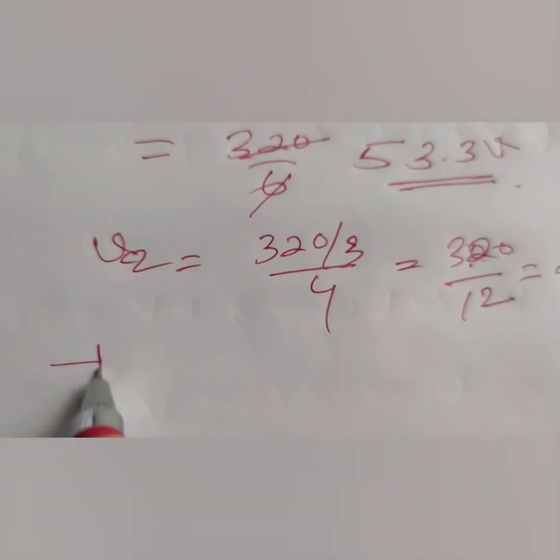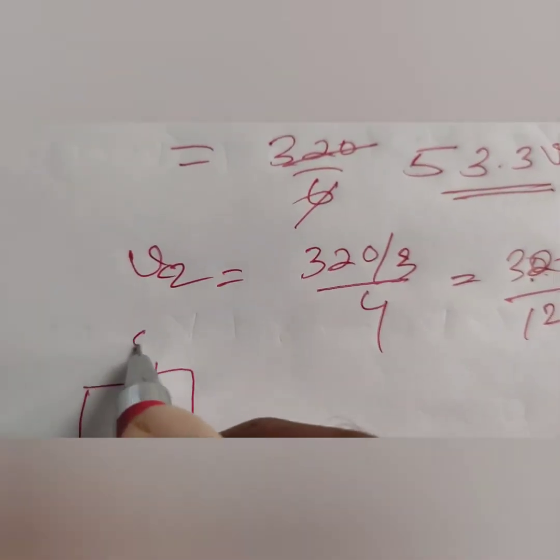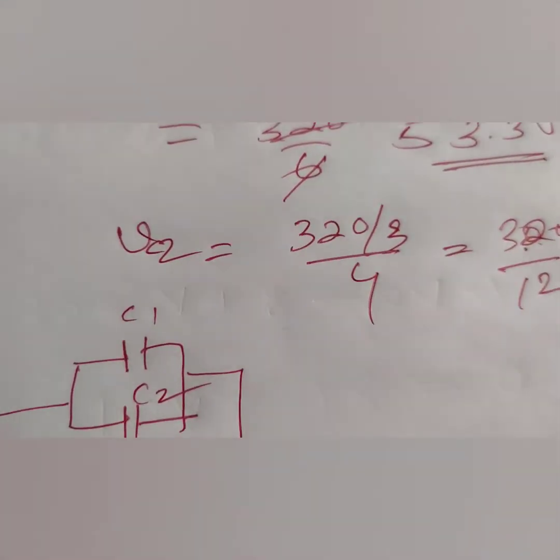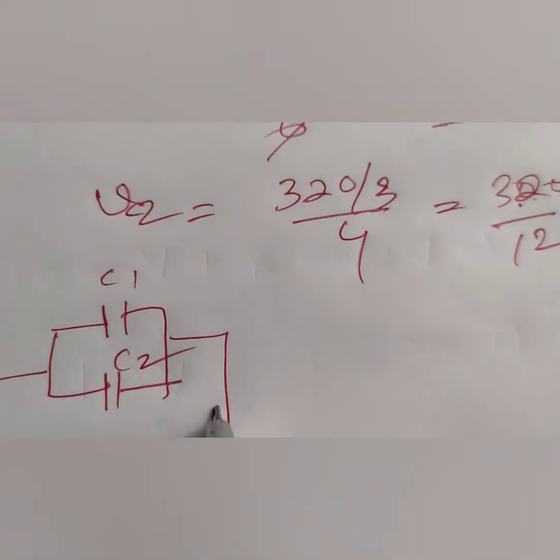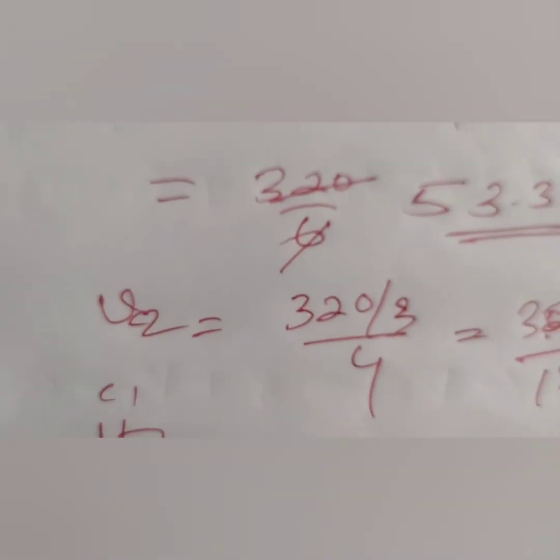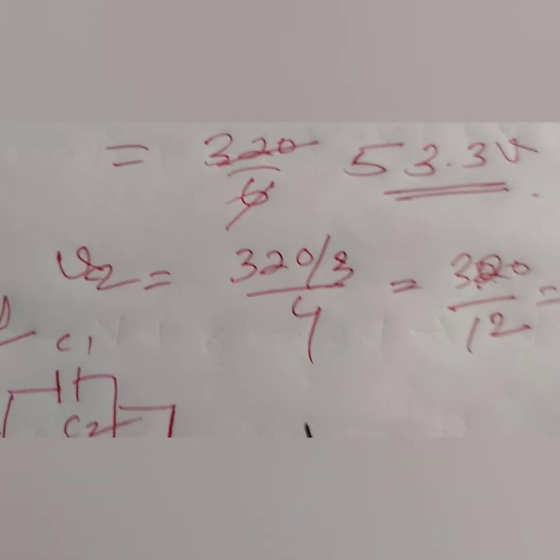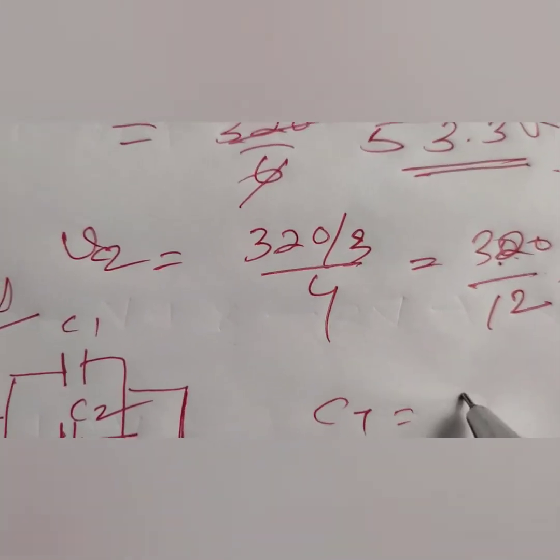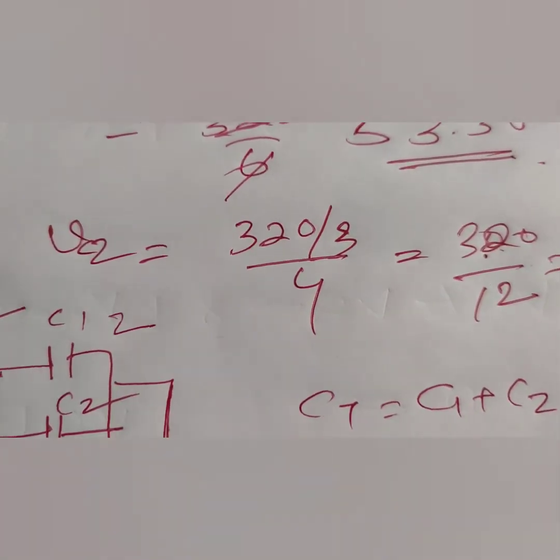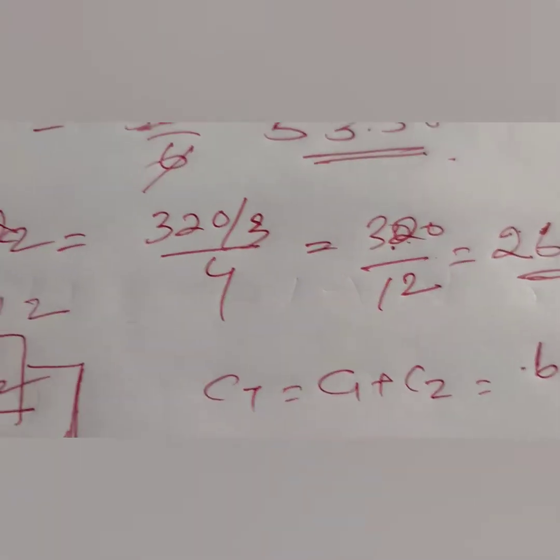Now we take the parallel circuit. C1 and C2 are connected in parallel, suppose to an 80 volt source. The equivalent capacitance is C1 plus C2, 2 plus 4, which is 6.